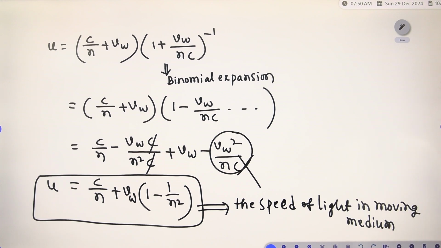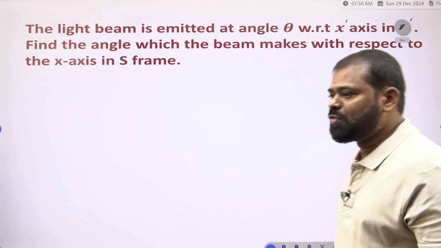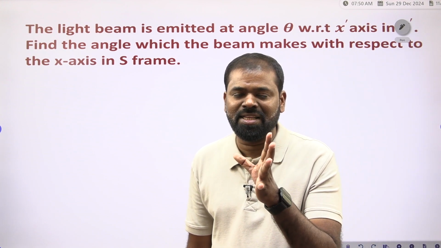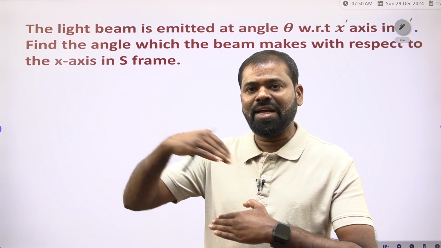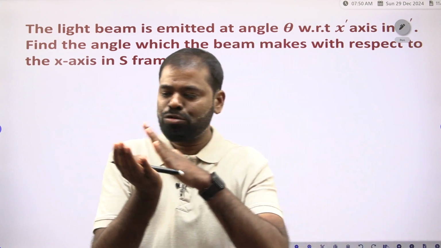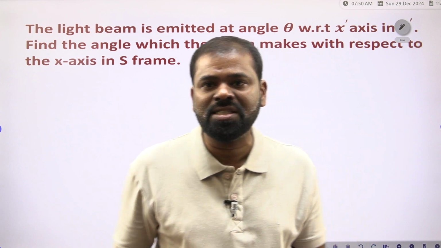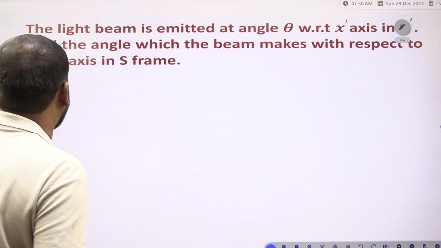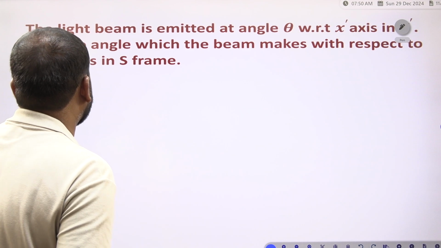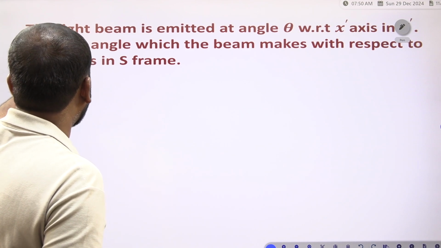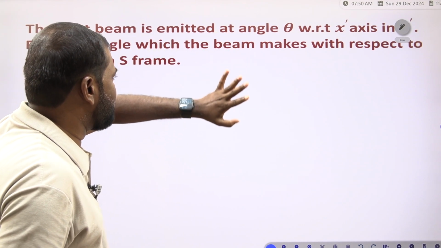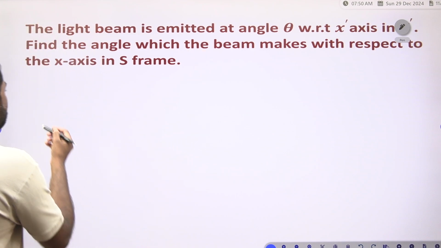Not only that, in the Lorentz transformation, how do we discuss it? You have to tilt it along the parallel, with angle theta. What will happen? These velocity transformation equations we have to discuss here. Suppose the light beam is emitted at an angle theta with respect to the x dash axis.